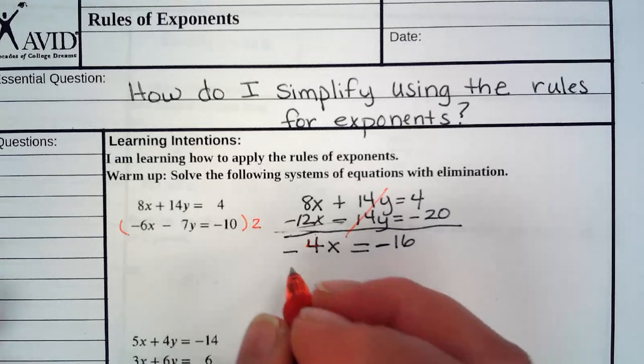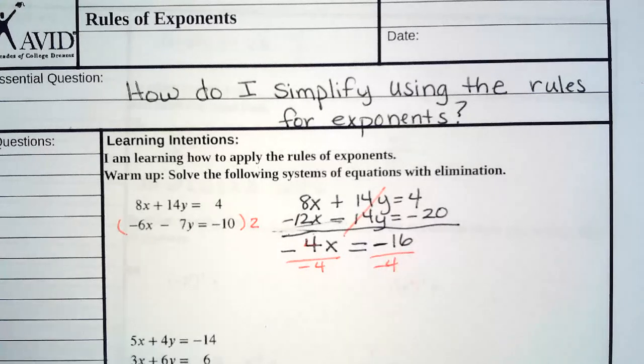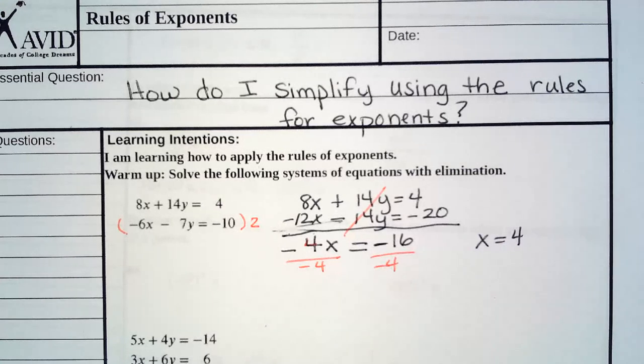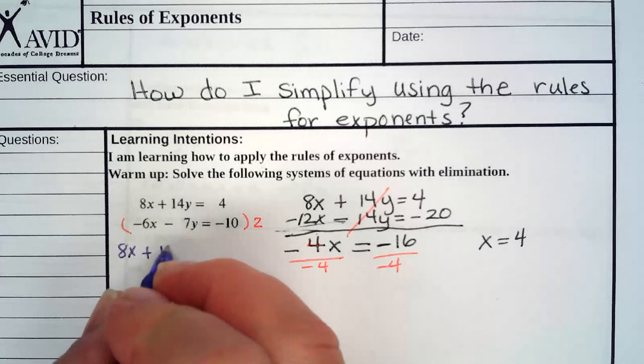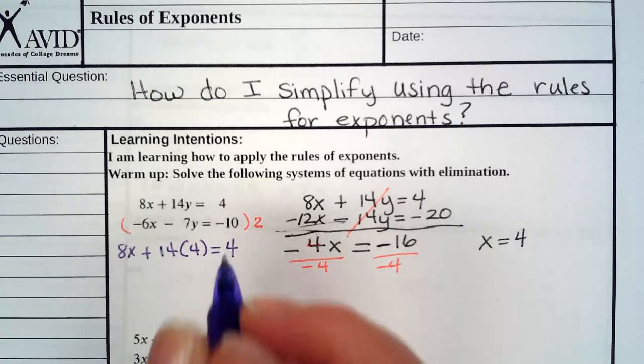I am now ready to divide both sides by negative 4, and x will be equal to 4. Okay, I know what x is, but now I've got to find y. Do I want to use the first equation or do I want to use the second equation? Really doesn't matter. So, looking at that first equation, 8x plus 14 times 4 is equal to 4.